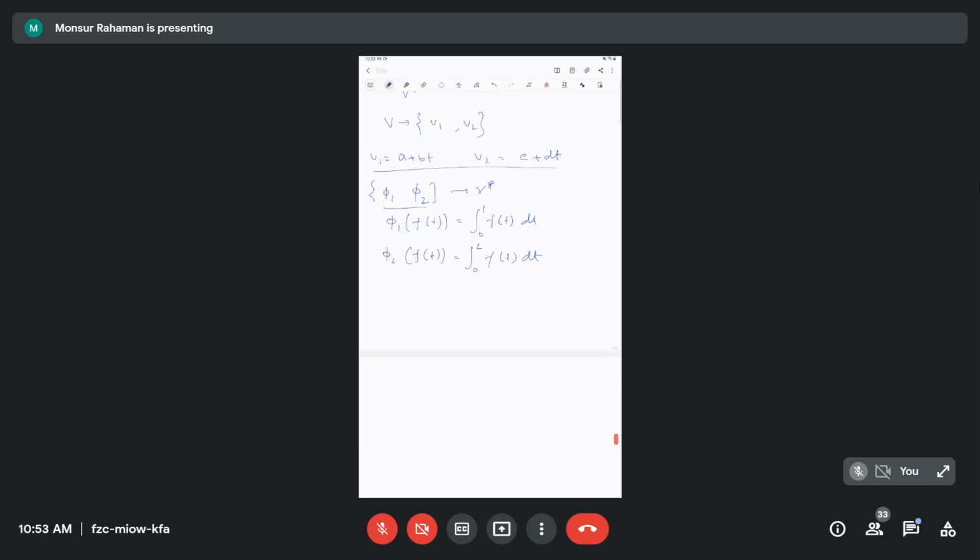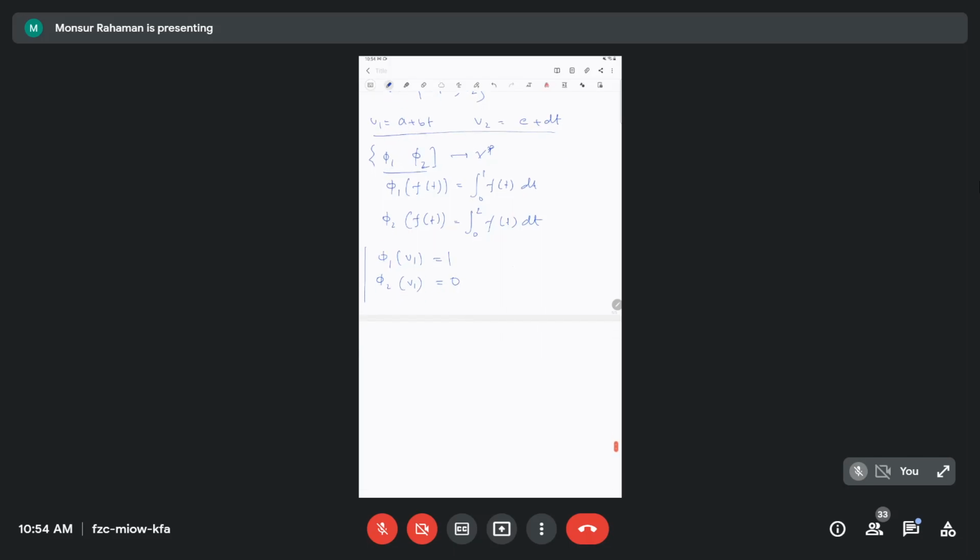So the basis vector, obviously you need to solve this equation for V1. You need to solve these two equations, phi 1 V1 equals 1 and phi 2 V1 equals 0. So phi 1 V1 is 0 to 1, V1 is a plus bt, so integral of a plus bt dt is 1, and the second one is 0 to 2 of a plus bt dt equals 0.